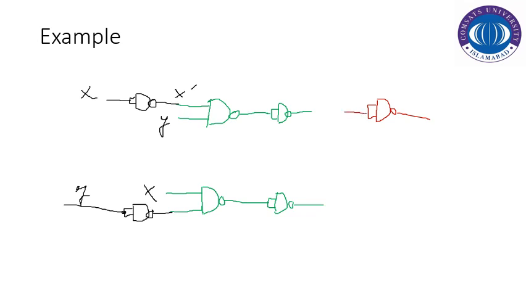So this is the first NOT. This is the second NOT, and what we would do is we would basically NAND these two inputs to produce Z here, and we'll just simply interconnect these lines, and that's it.